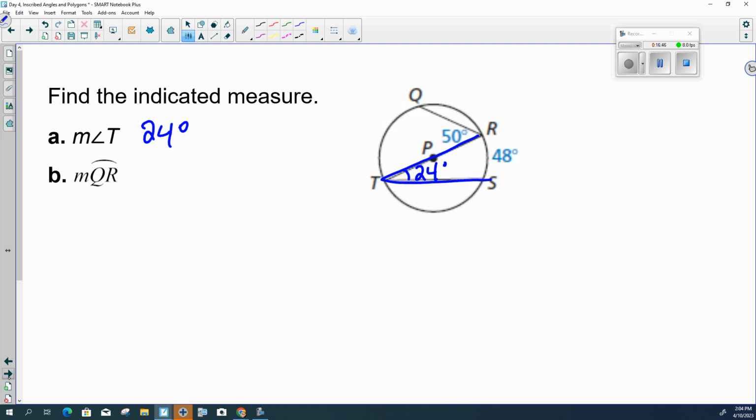Okay, now we've got another part. They want us to find arc QT. And that's a lie. Arc QR. I wish that's what they asked me to find. I know how to do that. Arc QR. Jeremy, how might you find that?